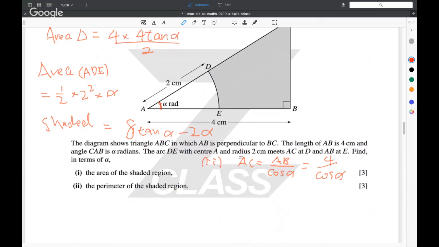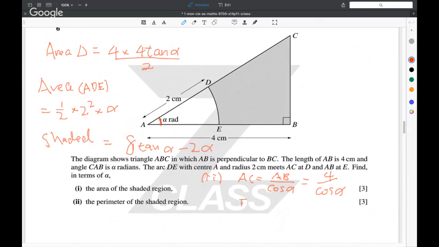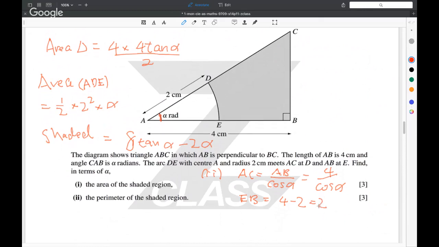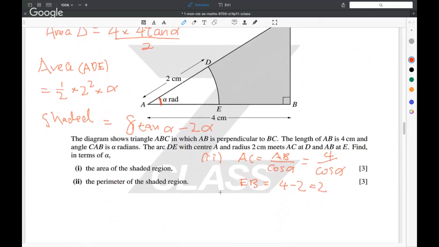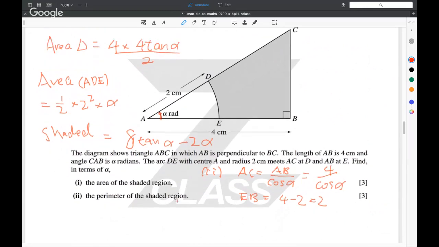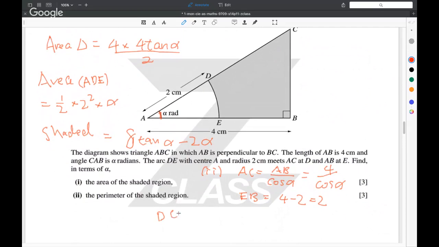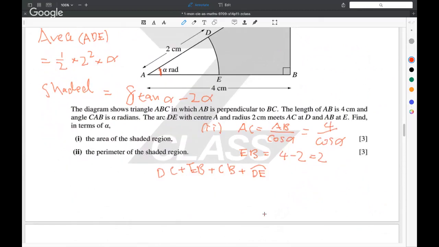And we want to know the length EB, which is just 4 minus 2 equals 2. So the entire perimeter would be DC plus EB plus CB plus the arc DE.